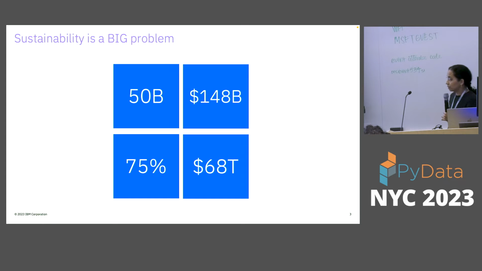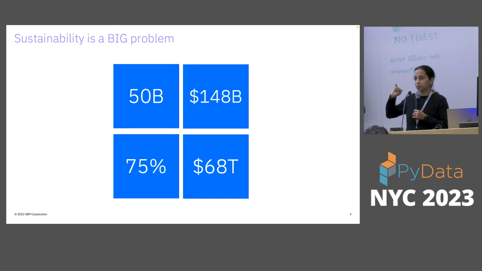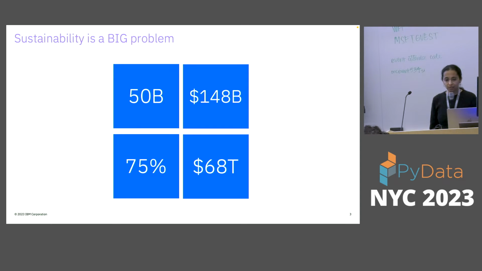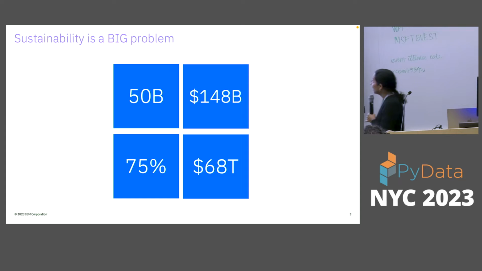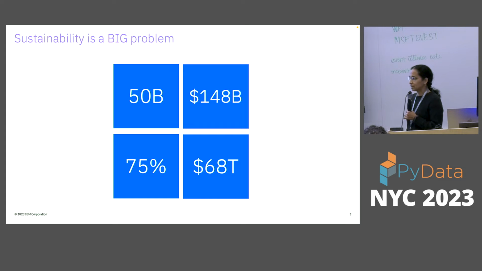If you do a back of the envelope calculation, that would require us to plant 1 trillion trees to counter this. 148 billion is the cost of climate-related disasters just in 2021. And like many of us, 75% of consumers today are very climate aware when they make purchases. And the main thing here is also the 68 trillion. That's the amount of money that climate-conscious investors are funding.